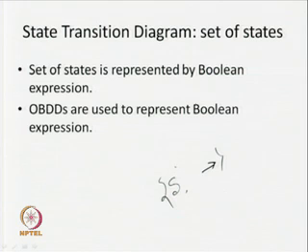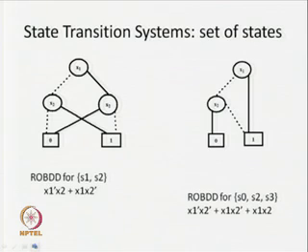Now, we have seen that this set of states can be represented with the help of a Boolean expression, and once we have the Boolean expression, that Boolean expression can be represented with the help of OBDDs, or you can say ROBDDs if we stick to a particular variable ordering.